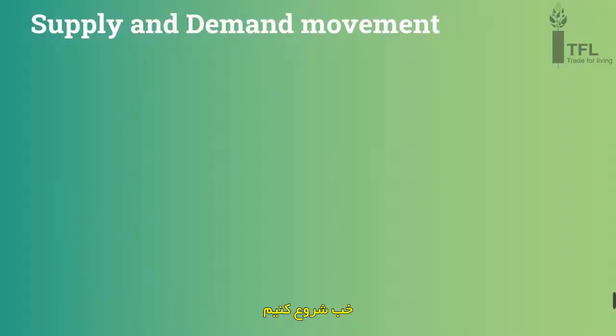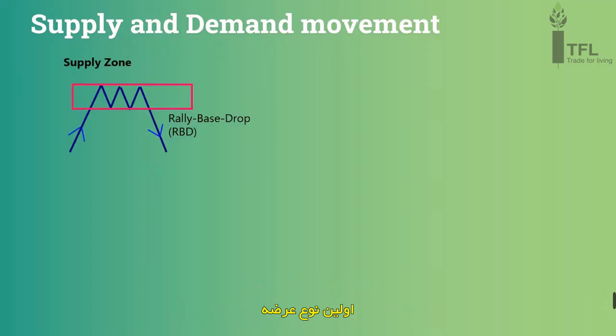The supply and demand movement actually consists of only 4 types of movement. Very, very simple. The first type of supply zone is a rally base drop. It's very simple: a rally, then a base, and then a drop. The top area here is what we define as a supply zone.